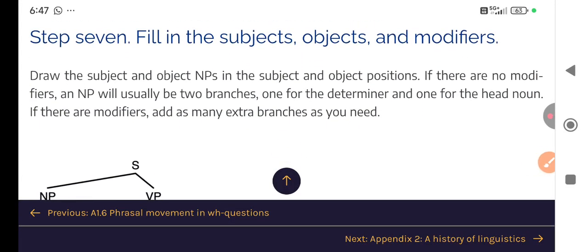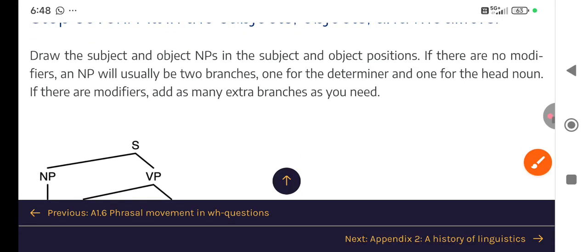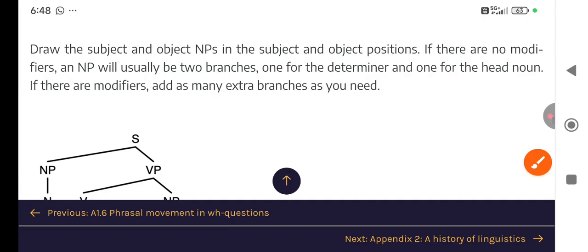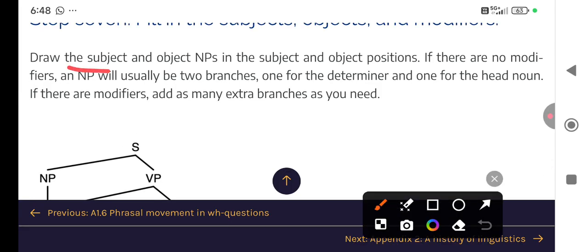Step 7, fill in the subjects, objects, and modifiers. So draw the subject and object, right? First of all, we have to draw the subject and object noun phrases, because a number of noun phrases may be in a sentence, in the subject and object positions.